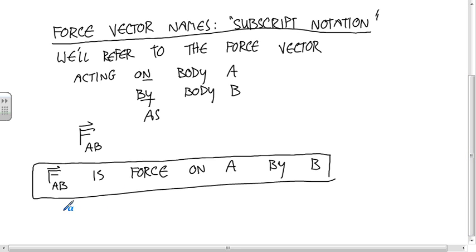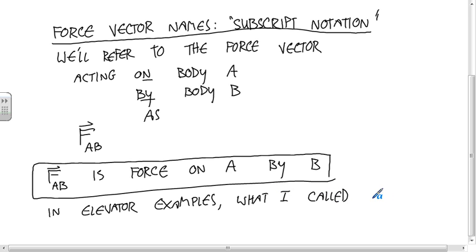So in those elevator examples we just did, the force that I called F scale would be called the force on the person by the scale.